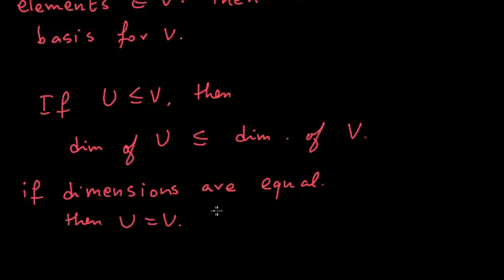If the dimensions of the subspace and the vector space are equal, then the subspace is the vector space itself.